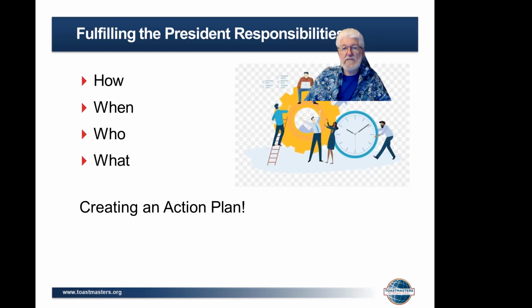So fulfilling the responsibility: how, when, who, and what. It's like the 5 W's. There's a couple more W's, but the how always ruins it. Should have thought of a different word for the word how.